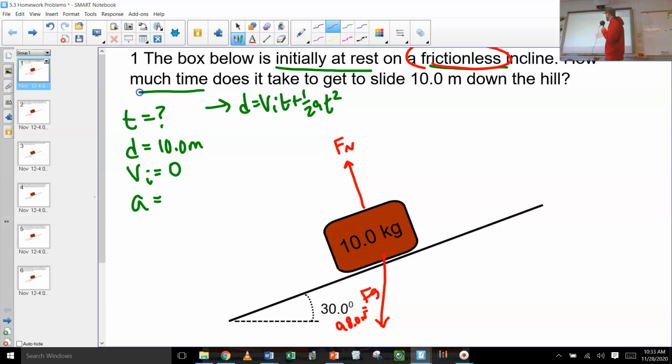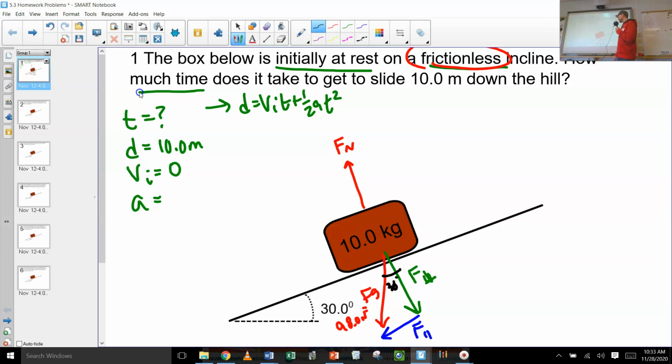All I'm going to do is find the normal force, and let's do that by breaking gravity into the y component, which we call the force perpendicular, and the x component, which we call the force parallel. We know that this angle right here is also 30 degrees.